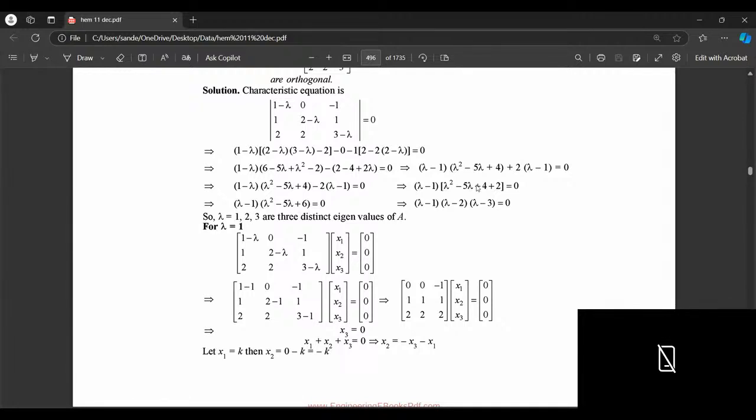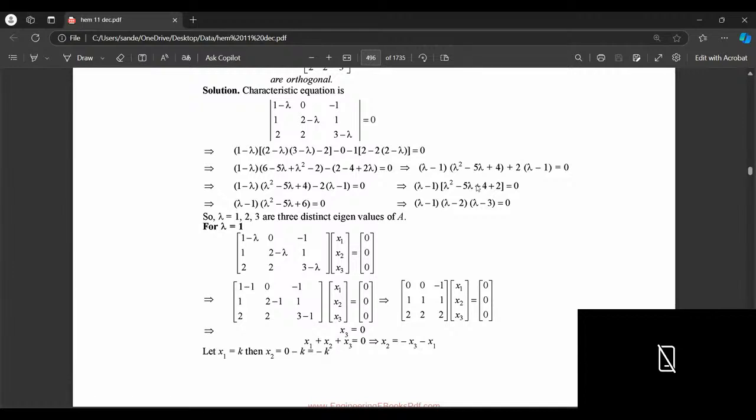So this gives the matrix 0, 0, minus 1; 1, 1, 1; and 2, 2, 2, into x equal to 0.